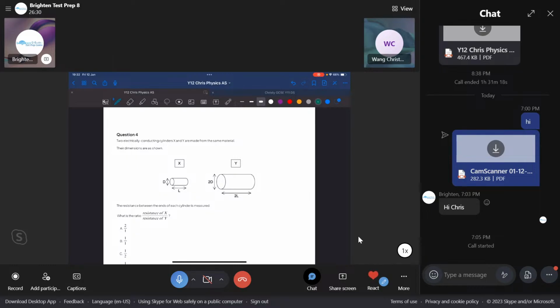In that case, obviously, which one, or you could as well ask, which one has the higher resistance? Is X having the higher resistance or Y having the higher resistance? Without going into the calculation, Chris, gut feeling wise, which one would you say has the higher resistance? X, most likely, huh? And why?